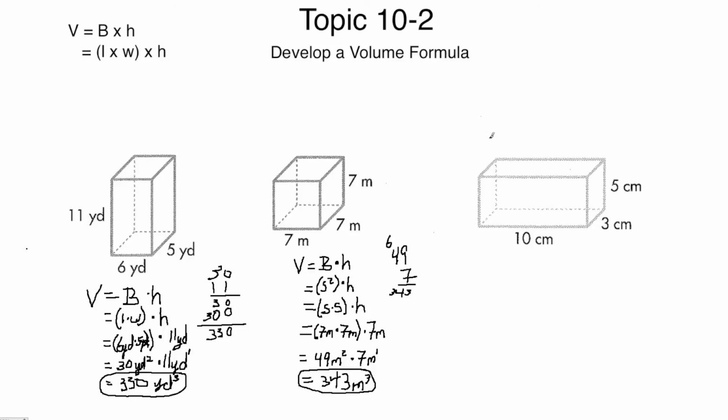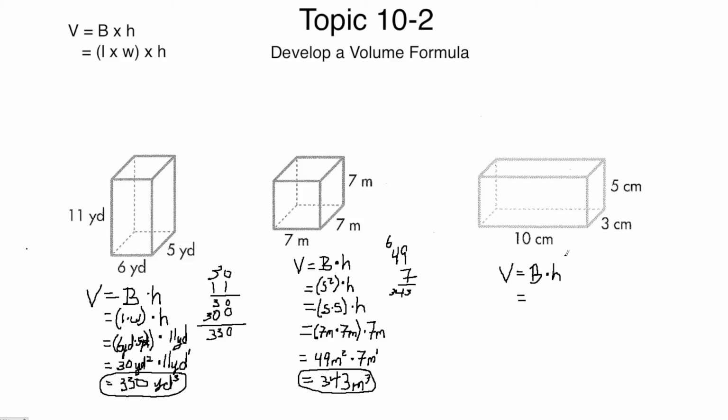All right, let's try the last one. Go ahead and push pause and see what you come up with. All right, so we write down, as soon as we see the word volume, like you did for area, you would say A equals, but this is volume, so you put capital V equals the base area, that's the capital B, times the height.